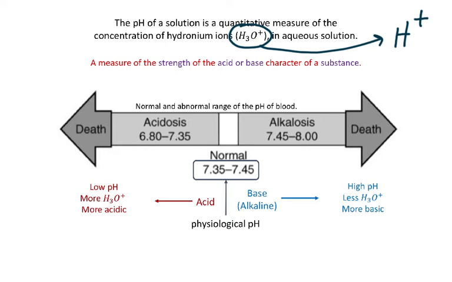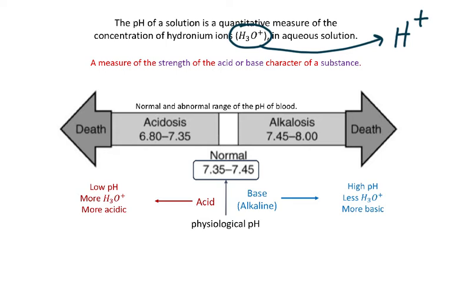So sometimes you'll see it just as H+, and sometimes it'll be H3O+, and you can think of those as the same thing. pH is the measure of the strength of the acid or base character of a substance. We always want to measure things. We want a number in science class as much as we want qualitative things as well.